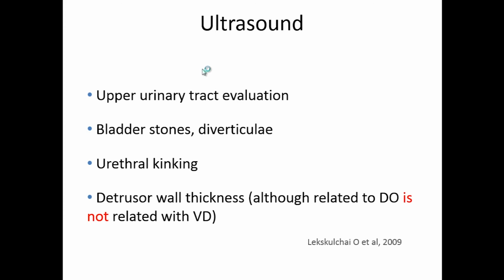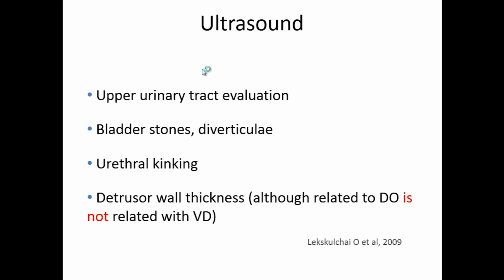Ultrasound is also helpful. Of course, it's mandatory if you suspect a chronic retention, and it's very important to see the upper urinary tract. Of course, you can see bladder stones and diverticula, and to see the urethral kinking is more difficult, but in expert hands it can be done.